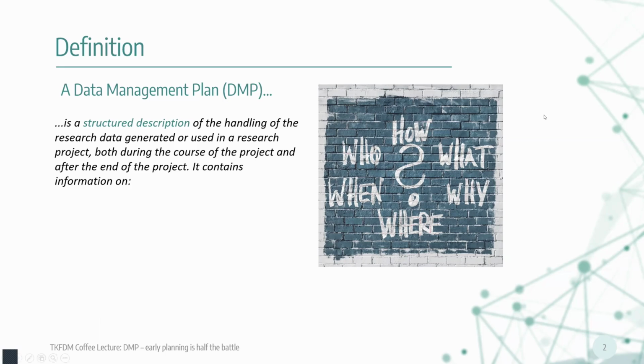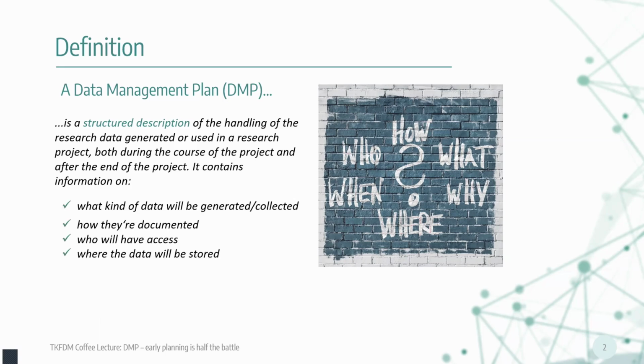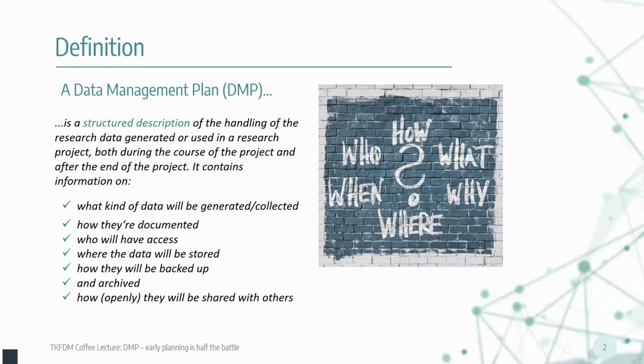The basic information that it contains can vary from project to project, but usually it contains information on what kind of data will be generated or collected, how they're documented, who will have access to the data during the project, where the data will be stored, how they will be backed up and archived, as well as how openly they will be shared with others after the end of the project.